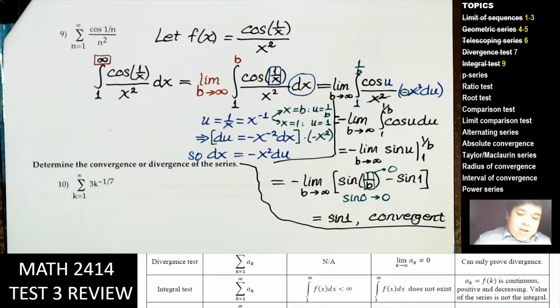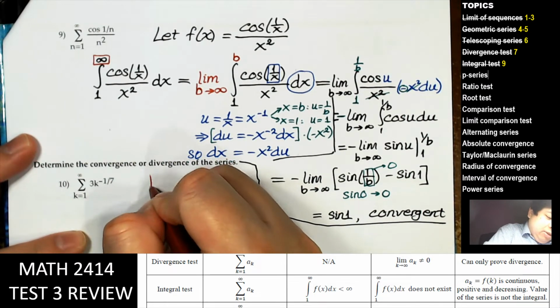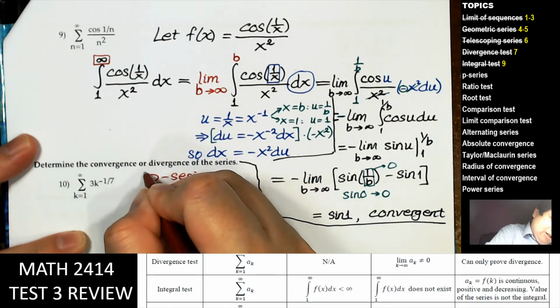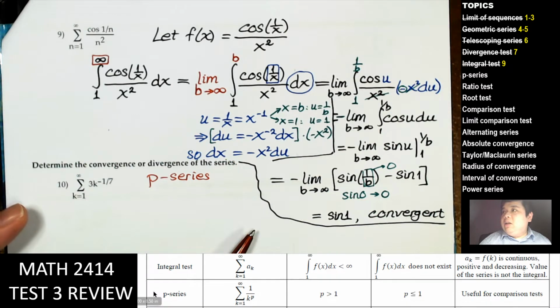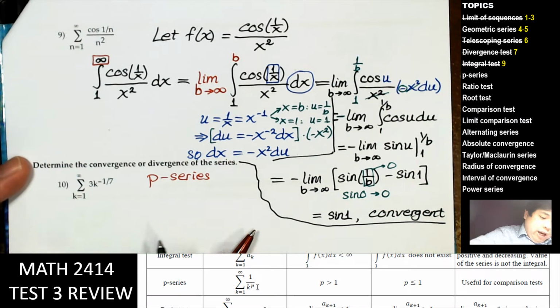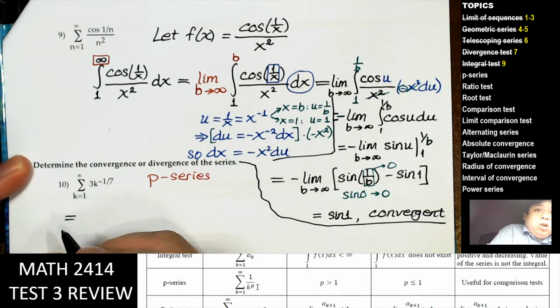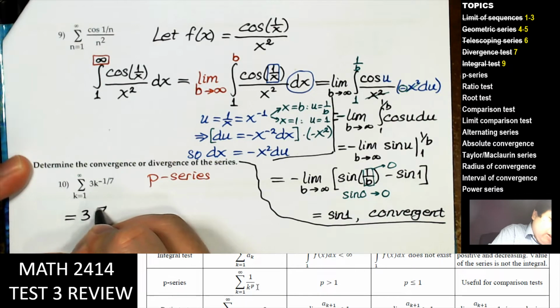Right. Next, the P series. Even though it did not say anything, this is a P series, and the P series is given in that form, so I will rewrite that. We can put the factor 3 outside of the sum.